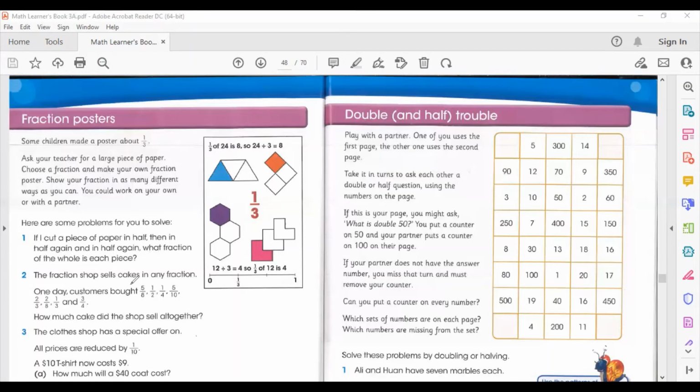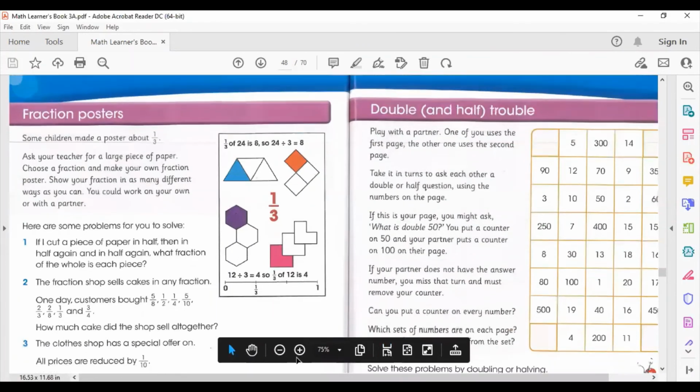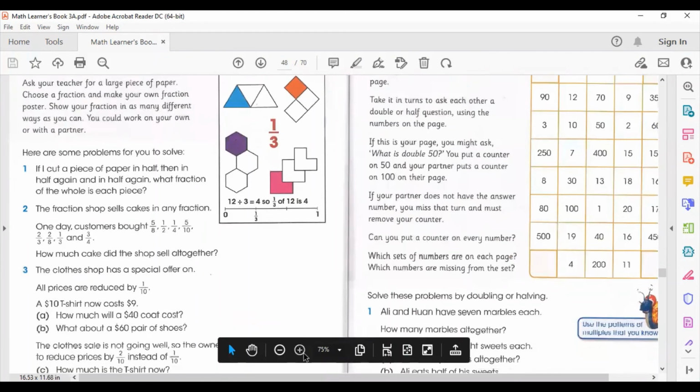How much cake did the shop sell altogether? Okay, let us do it. I want to increase the size, so this question is a little in steps.